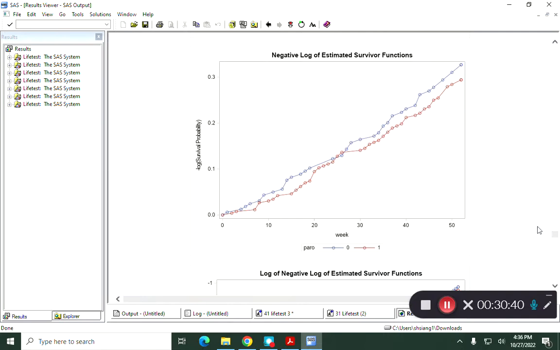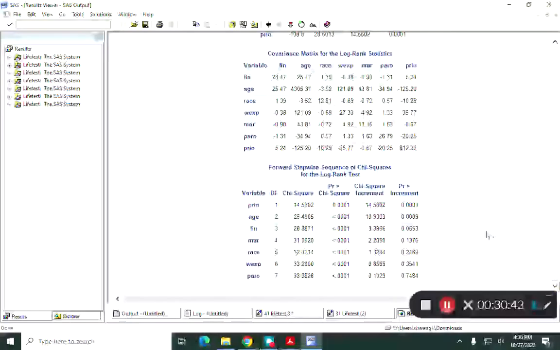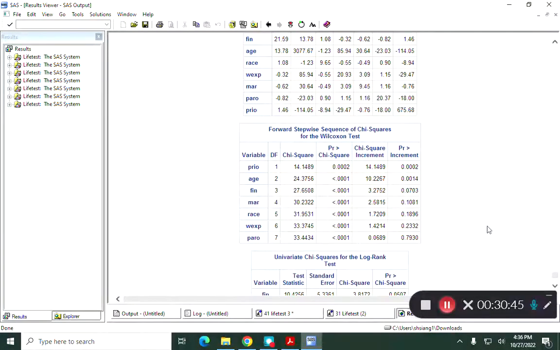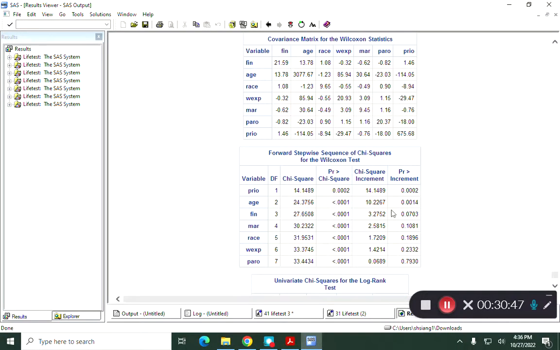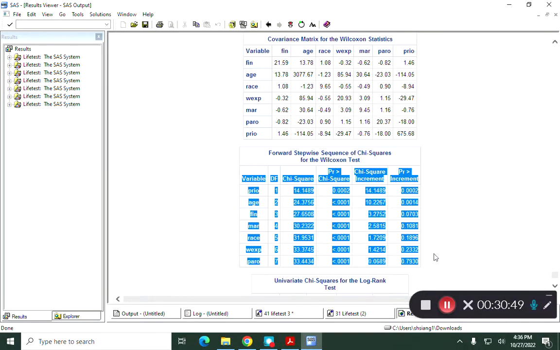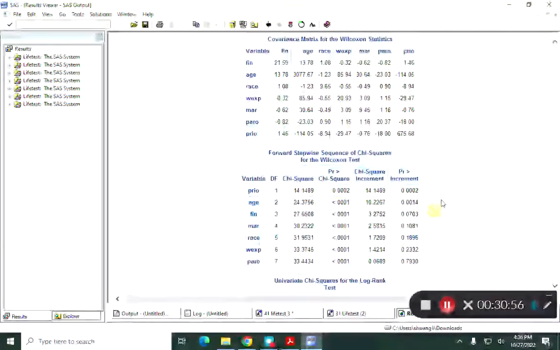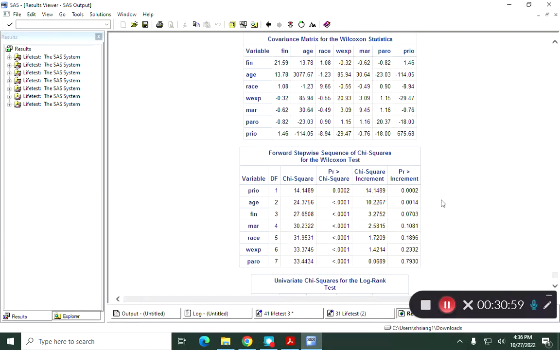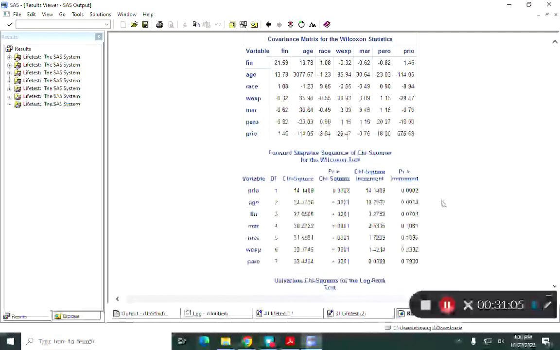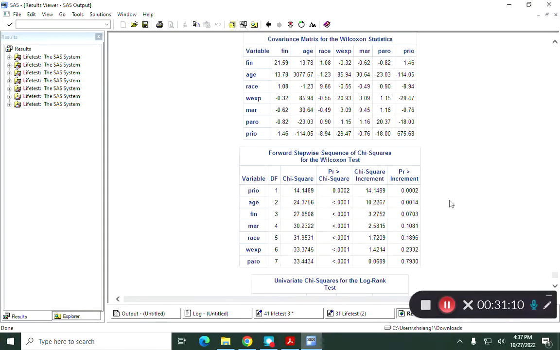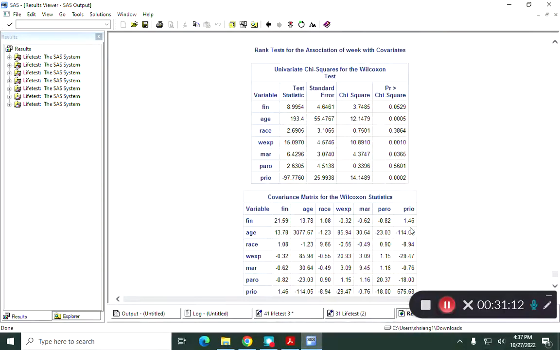So the first thing I'll tell you is that in your documentation, you probably use a table like this to say which one is significant, which one is not significant. But if you want to say that marriage is good or marriage is bad, then you need to use the plot to show the differences. For example, the finance, right?